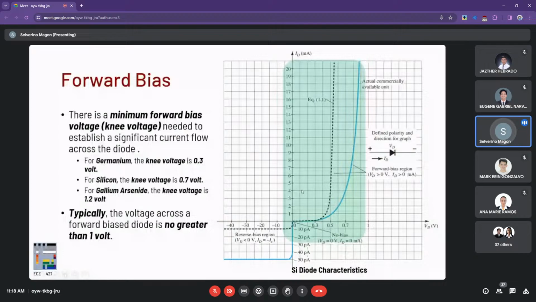Based on the following explanation, we can see that we can allow some milliamps of current to pass through the material with the voltage applied, as long as we exceed the minimum forward voltage, or what we can henceforth refer to as the knee voltage. So you just have to remember those two most common figures: 0.3 for germanium and 0.7 for silicon.